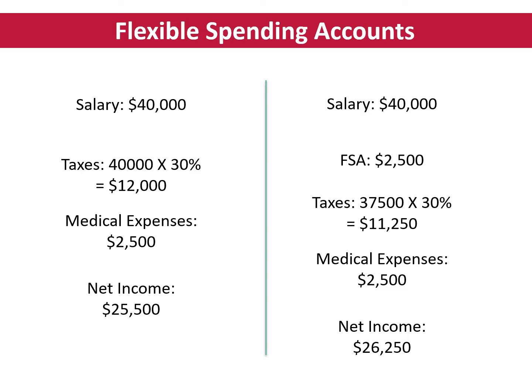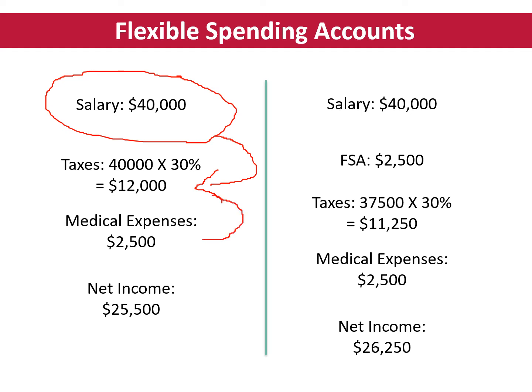All right, now I'm going to illustrate for you how an FSA works through tax benefits. Let's imagine that we have an employee who earns $40,000 per year, and that person's income tax bracket is 30%. That may not be accurate, but we're just going to use it in the example. That would make their tax deductions that come out of their paycheck $12,000 for the year.